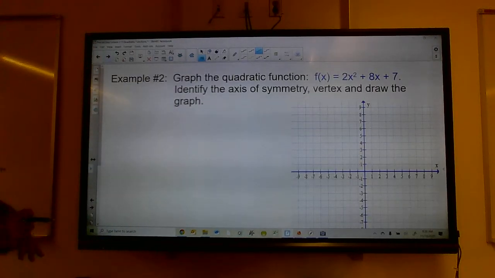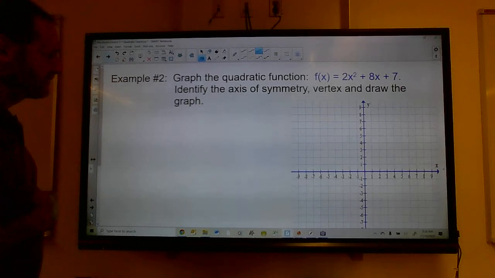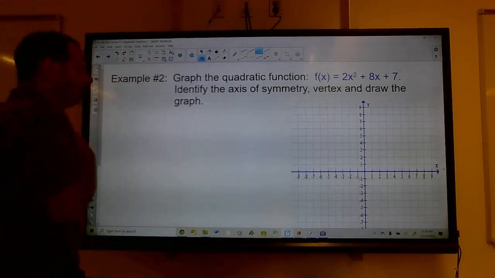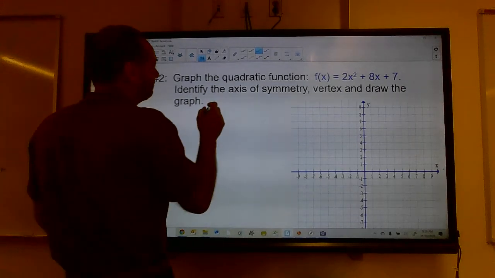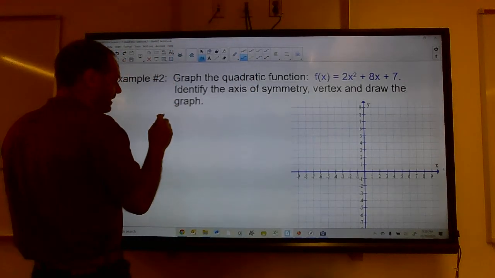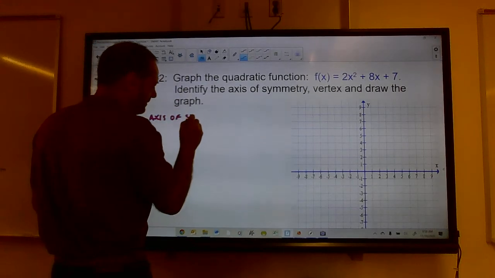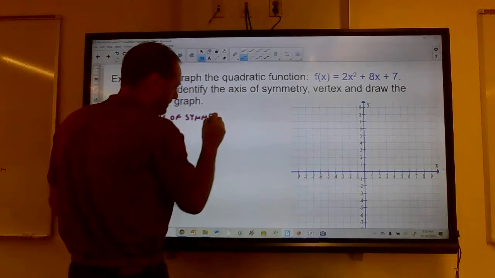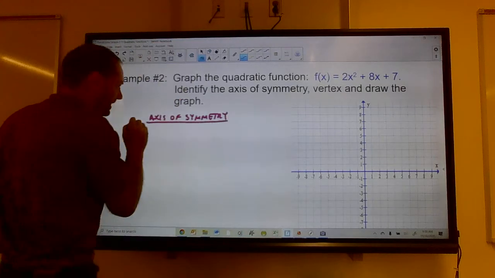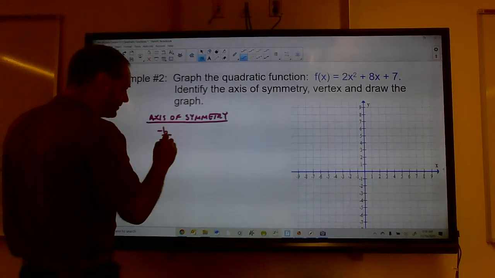All right, so graph this quadratic equation, 2x squared plus 8x plus 7. Identify the axis of symmetry of the vertex and draw the graph. So first thing we're going to do is find the axis of symmetry. You don't have to write that down. I'm just doing it for your notes. So that's going to be negative b over 2a.